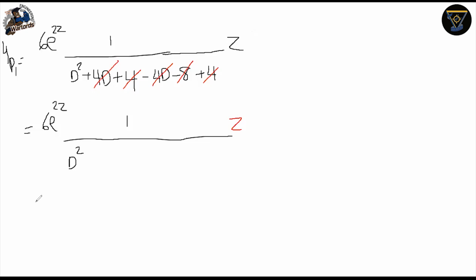Right? So next we're going to write back the 6e to the 2z. And look at this now. When you have d, it means that you're going to differentiate. So when you have 1 over d, it means that you're actually going to integrate. However, you're going to integrate 2 times, so you have a d squared.